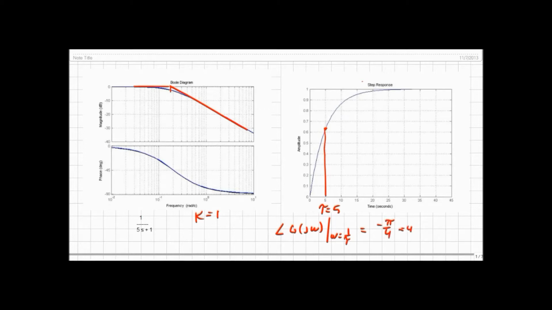So that's 45 degrees, and I look at the 45, and that does cross right there at 5. And I'll also note that, it's hard to see, there should be about a 3 dB difference between the straight line approximation and the actual corner.